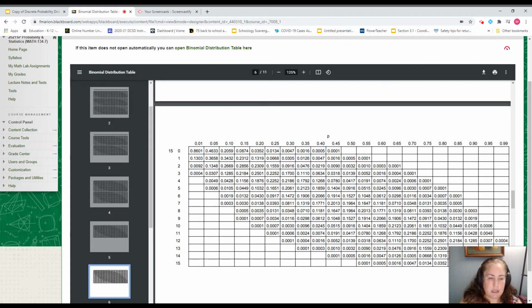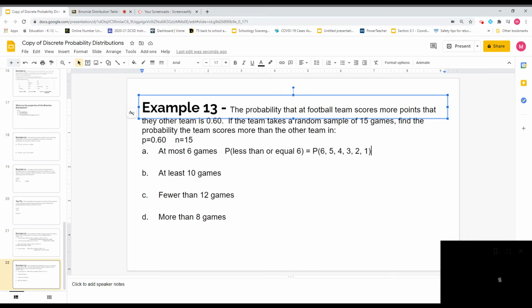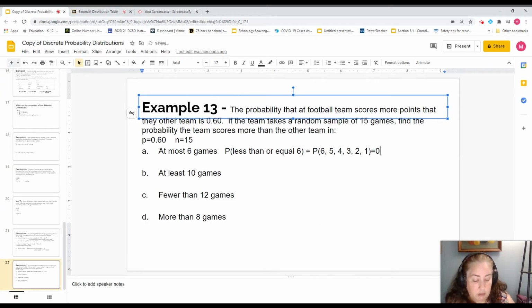Okay, so 0.6 would be 0.0612, 0.0245, 0.0074, 0.0016, and 0.0003. Right, and that gives me 0.095. So this answer is 0.095.